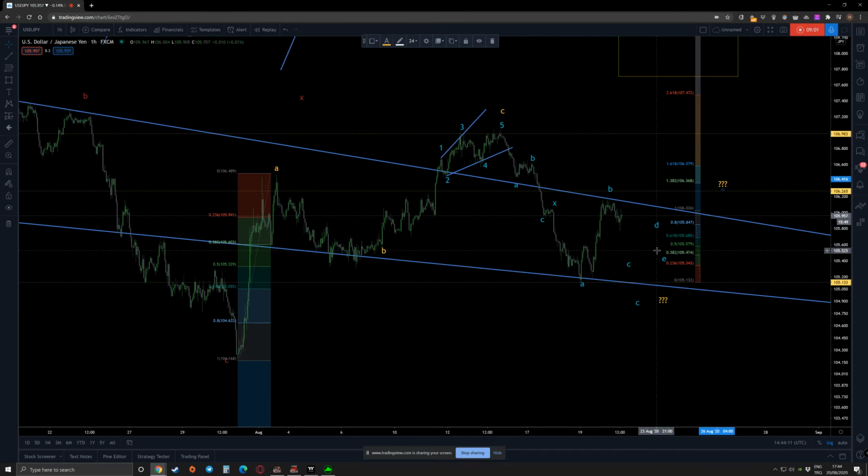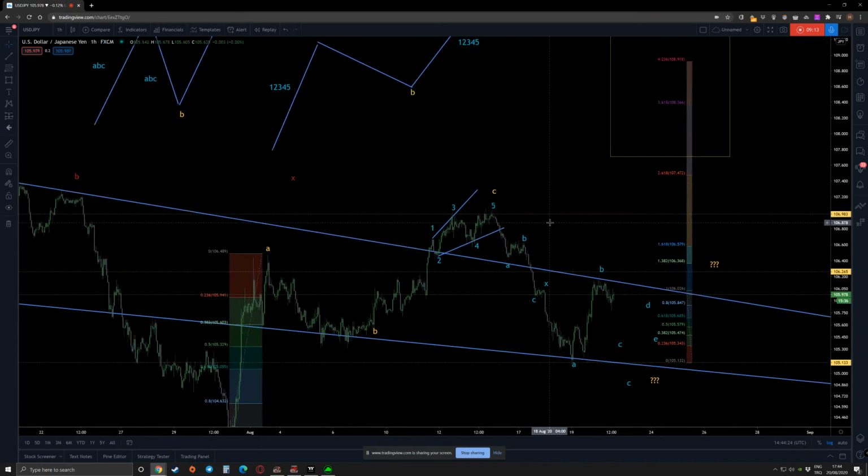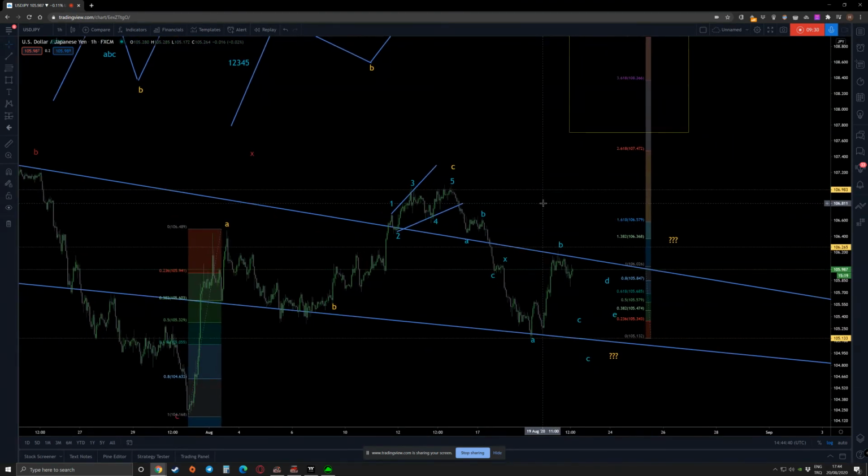Wherever it finishes, we will need a 618 if it's not a triangle. Because this move is corrective, it cannot be a zigzag. It cannot be a zigzag because whatever we are looking at is not an impulsive move. So I hope this makes sense, guys.